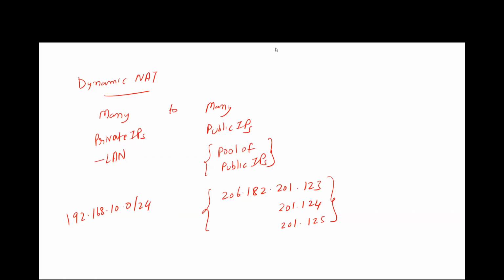With 100 IP addresses, you can permit 100 computers at a time. It all depends on how many IP addresses we define in the public IP pool. If you give only two IP addresses, only two systems from LAN will be able to reach the internet. If you give 10 IPs, 10 systems will be able to reach the internet.